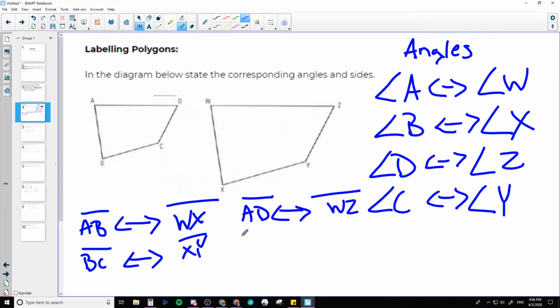And which one are we missing? DC. Side CD corresponds with side YZ. Okay, these are corresponding sides. These are corresponding angles. And that means that they are the same as each other for the angles, and then for the sides, they have a consistent scale factor between all pairs.